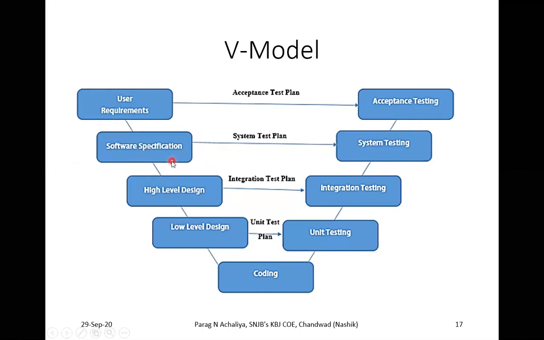And at the end, the acceptance testing will be done by the user, or by the customer, to decide whether that system should be accepted or not. That will be decided by this type of testing, and this testing is done against the user requirement. So this is your V model. The shape is like V, that's why it is your V model.